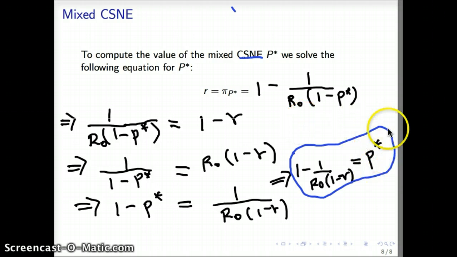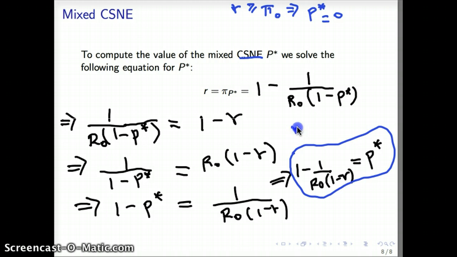And you can see how that expression holds for the scenario in which there is a non-trivial Nash equilibrium, right? So we have two types of Nash equilibrium. I'm running out of space here, but the first type is when R exceeds pi sub 0, and that gave us the trivial equilibrium, which was P star equals 0.